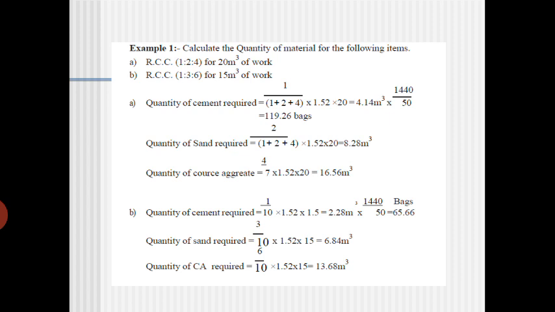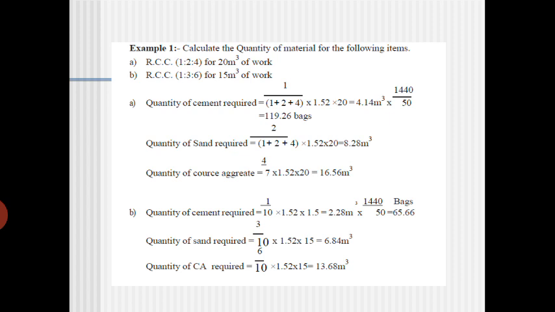That is RCC of 1 is to 2 is to 4 for 20 meter cube of work. Here it should be calculated as 1 divided by 1 plus 2 plus 4, that is a total of 7. The first one, 1, stands for cement, 2 stands for sand, and 4 stands for aggregate.